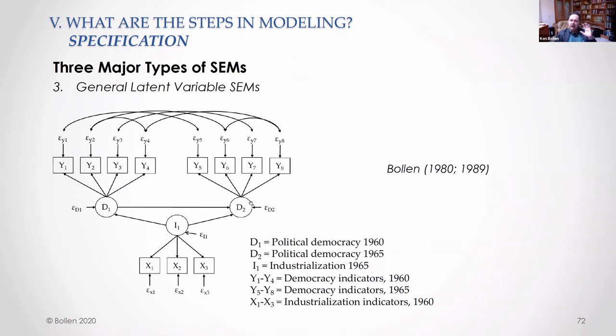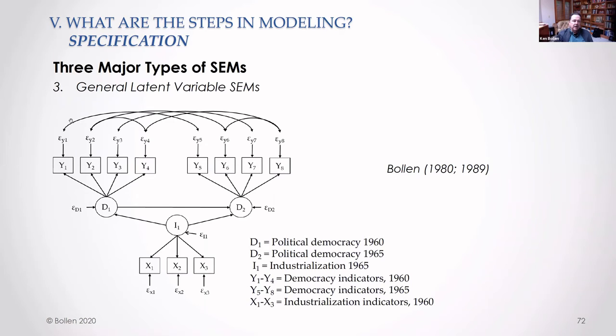Those are fairly abstract theoretical ideas, and they are represented in this latent variable model. But we need indicators from a data set to enable us to test this. And so there are 3 indicators of industrialization, and 4 indicators of democracy at 2 points in time.